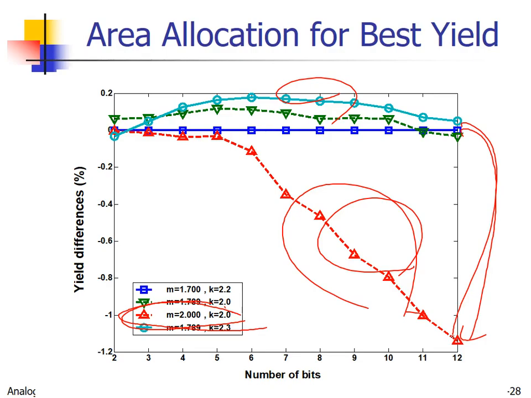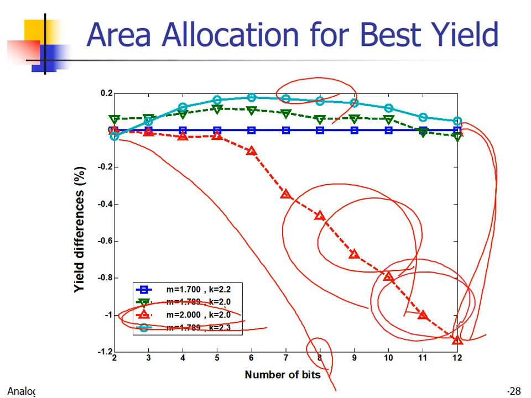All right, okay? And the old case for 8 bits is already 30% in difference. But this one, the difference between the red one and the optimum one, what is the color? Light blue or something.